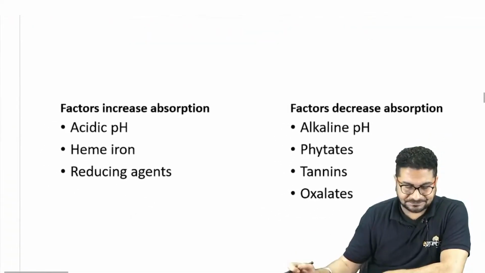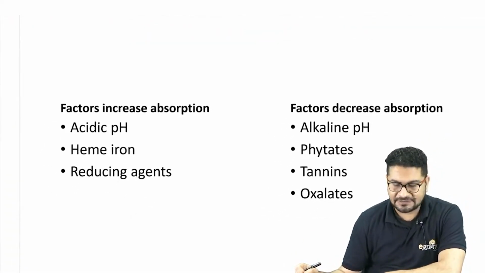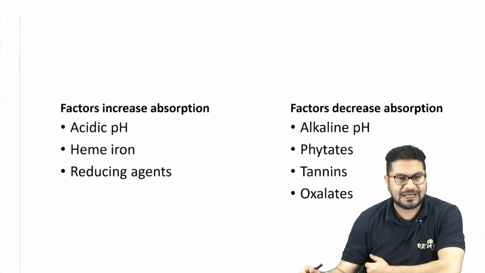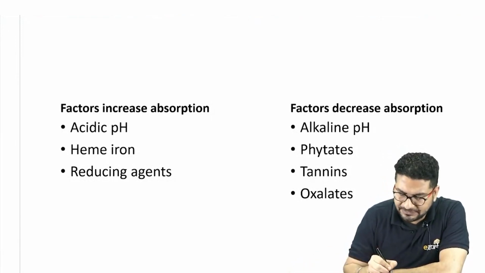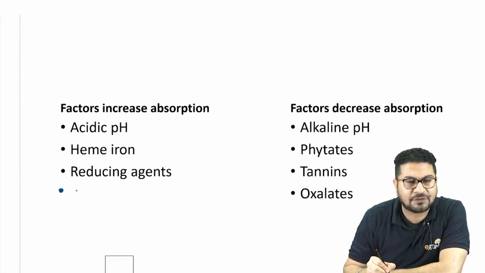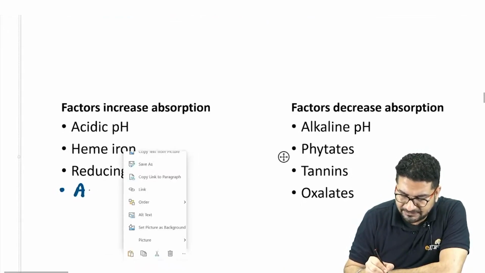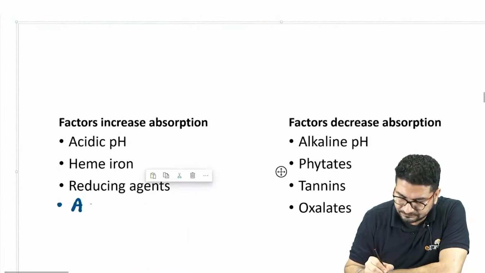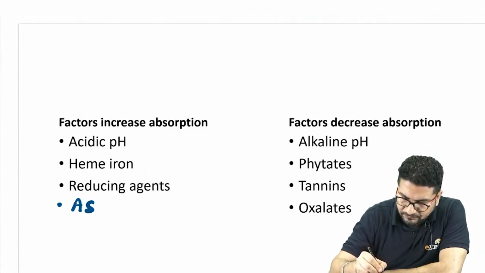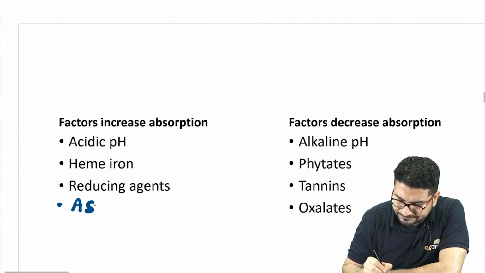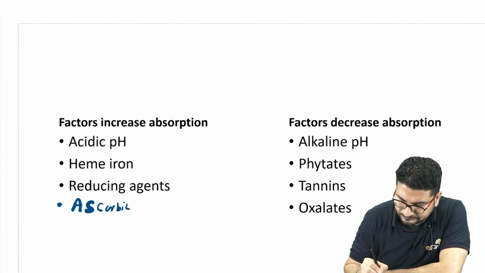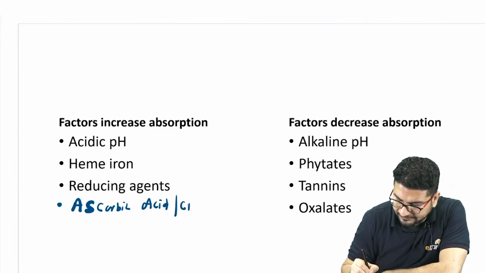Okay, so see, there are certain factors that increase iron absorption: acidic pH, heme iron, reducing agent, and the fourth one will be ascorbic acid, or vitamin C. Ascorbic acid, or I can use the word citrate.